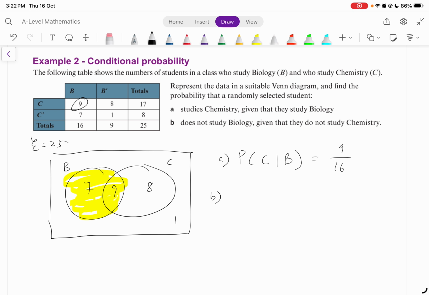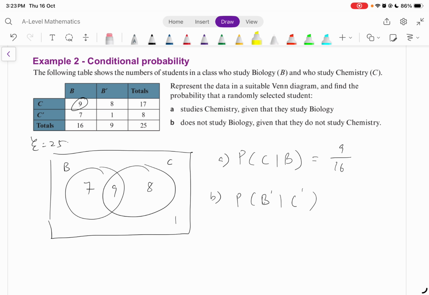Okay, let's try again. Find the probability of not studying biology, but at the same time they do not study chemistry. This is a bit confusing, but let's try and write it out. So what we want to find is not studying biology, given that they are also not studying chemistry. 所以我们永远 the hint for doing conditional probability is always calculating what is the total of not studying, or total of the condition.